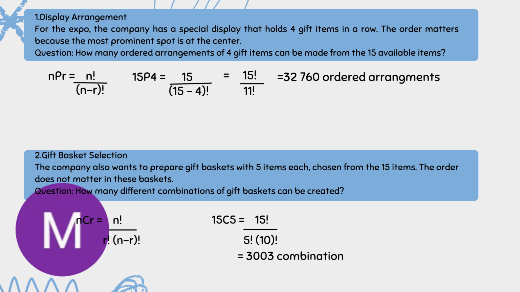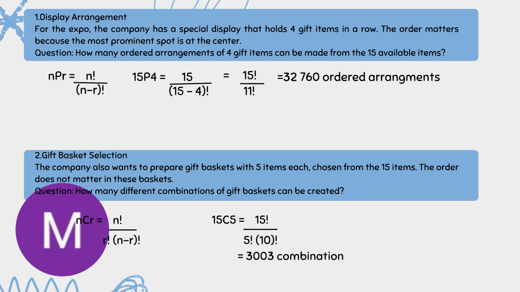Here we use the permutation formula, nPr equals n factorial divided by n minus r factorial. The company has 15 different gifts and we want 4 gift items in one arrangement, so n is 15 and r is 4.